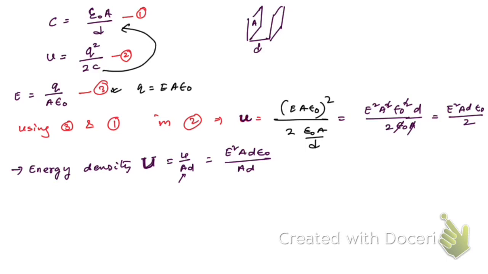So here AD cancels. Sorry, I forgot to write the 2 here, divided by 2. So capital U is equal to 1 by 2 epsilon naught E square. That is what we needed to show, right? Hence proof.